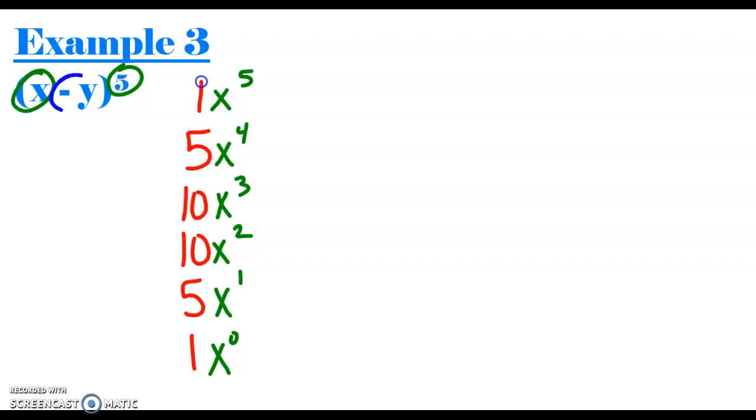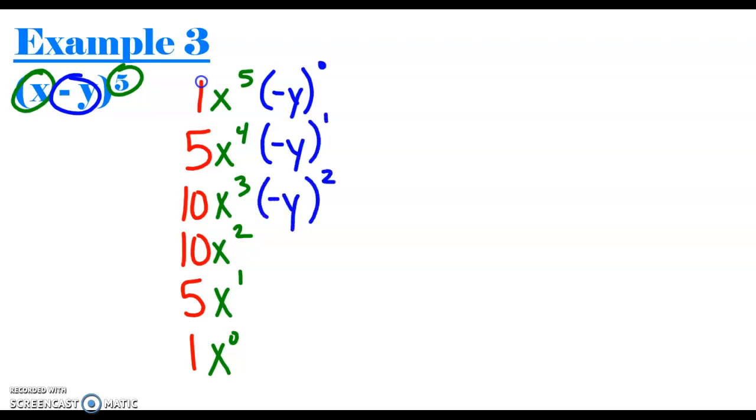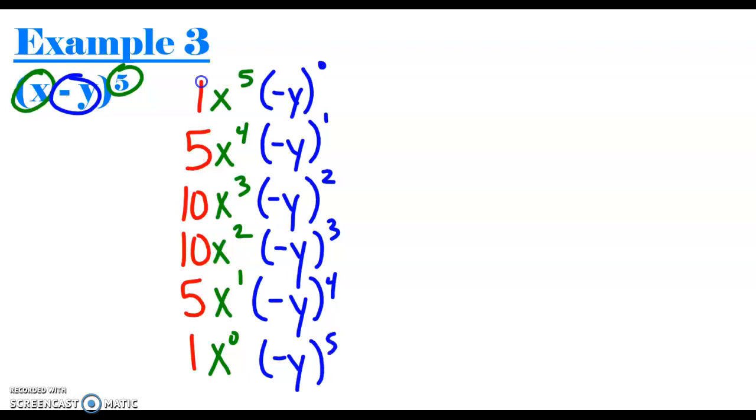Now I'm going to have negative y, because you have to take the sign. So it's negative y to the 0, negative y to the 1, negative y to the 2, negative y to the 3, negative y to the 4, and negative y to the 5.